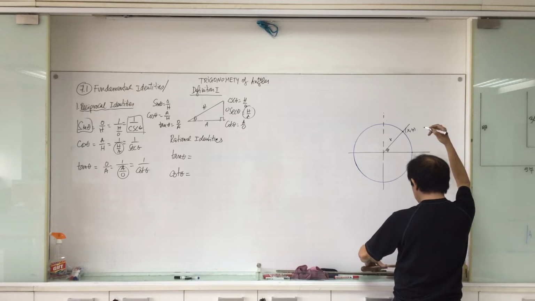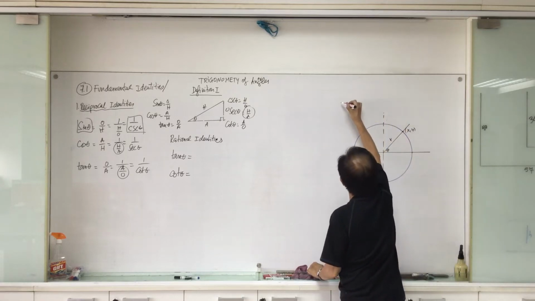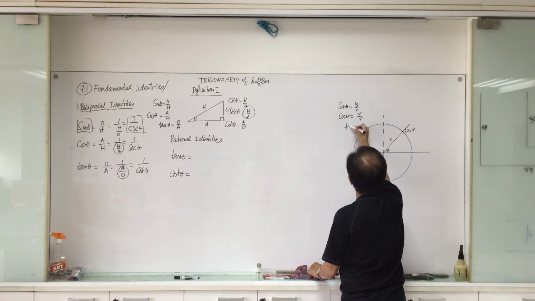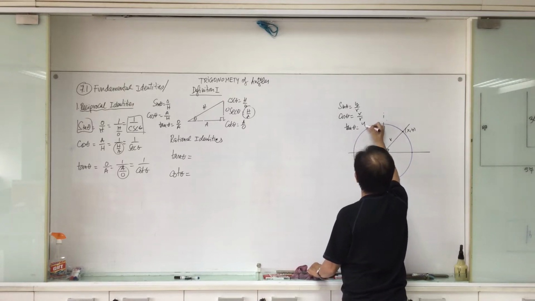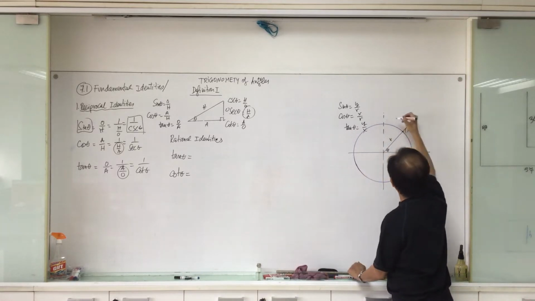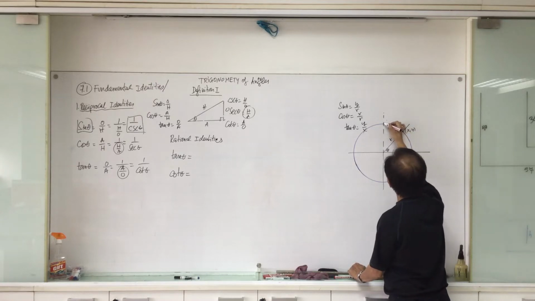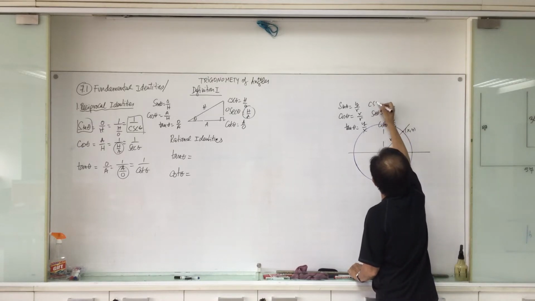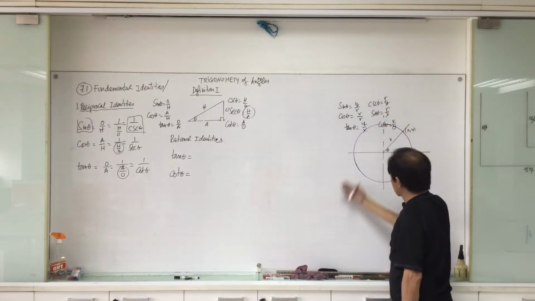So we have a definition like this: sine theta equals y over r, cosine theta equals x over r, tangent of theta equals y over x, and reciprocal, of course, you're going to have cotangent of theta equals x over y, and secant theta equals r over x, and cosecant theta equals r over y. So we have this definition.